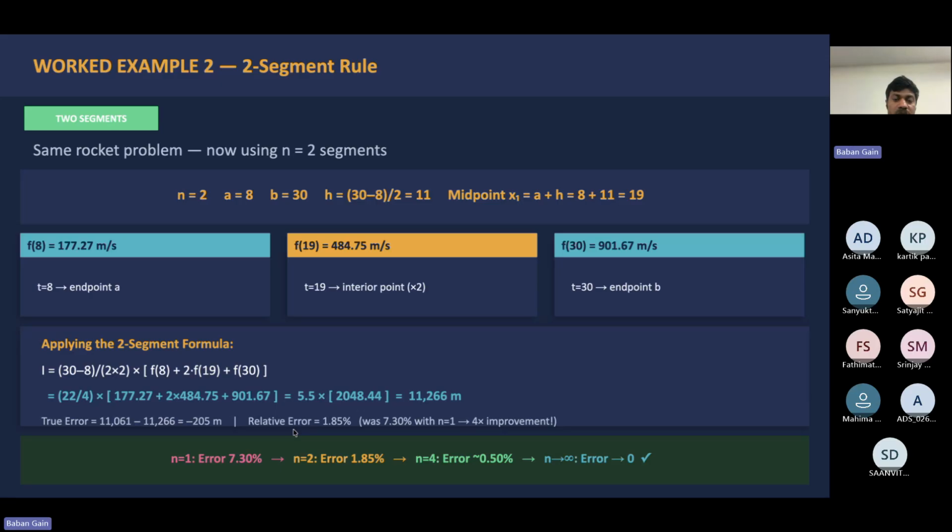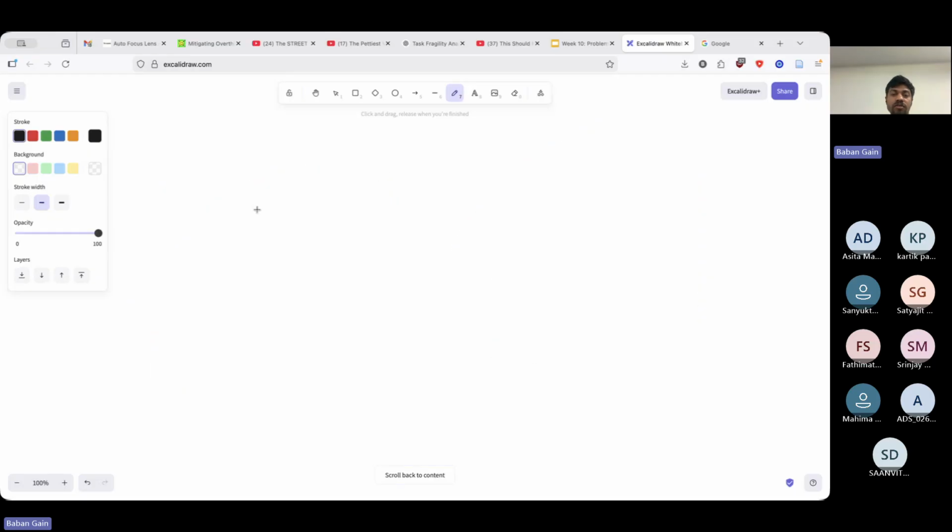Let me again take an example. Let's say you have n equal to 2, so you will be taking two trapeziums, with a equal to 8 and b equal to 30. Starting from 8, ending at 30, and taking two segments. How to draw two trapeziums? You have to draw everything at equal distance.